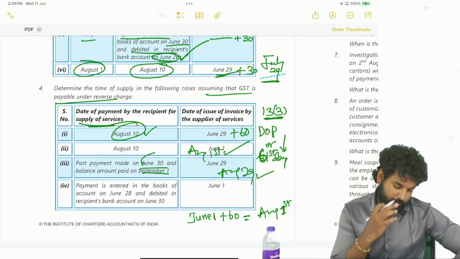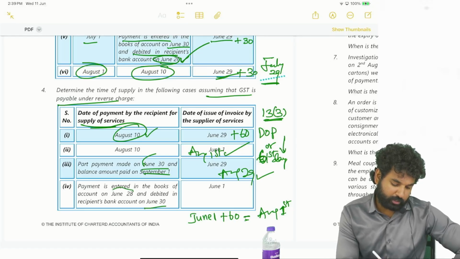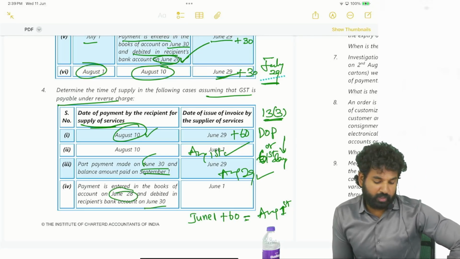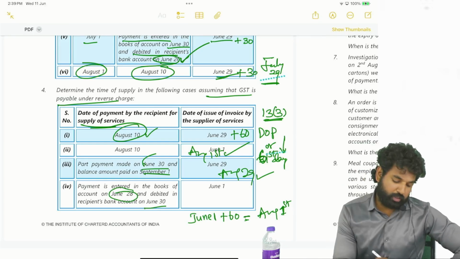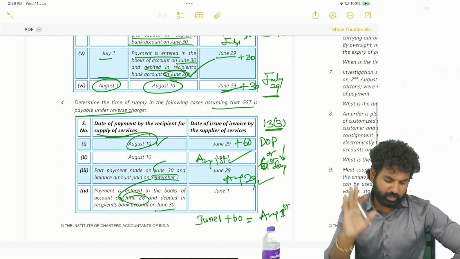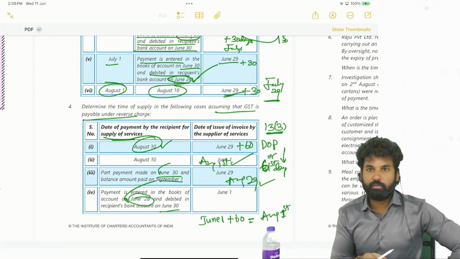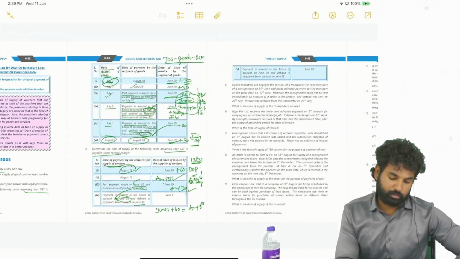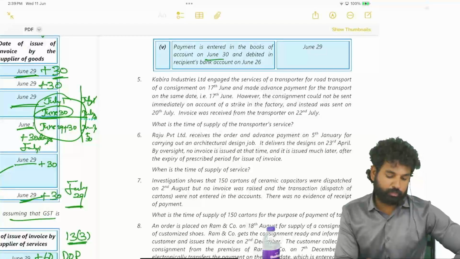August 29. Next, payment entered in the books of accounts on June 28, debited on June 30. So which is earlier? June 28. June 28 and June 1 plus 60, which is earlier? June 28. So it is going into the month of August, but the earlier date is there, June 28. Next, payment entered in the books on 30th June, debited in the recipient bank account on June 26.